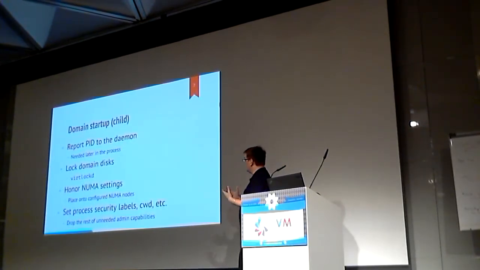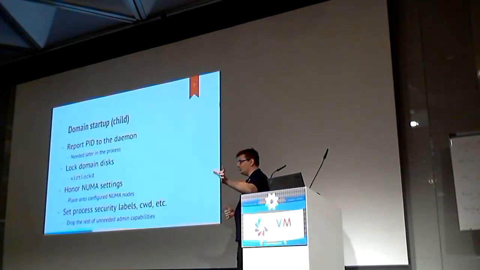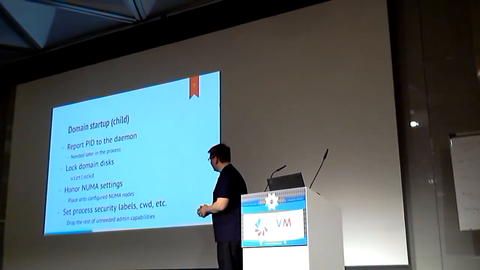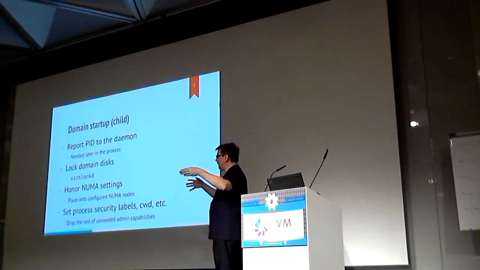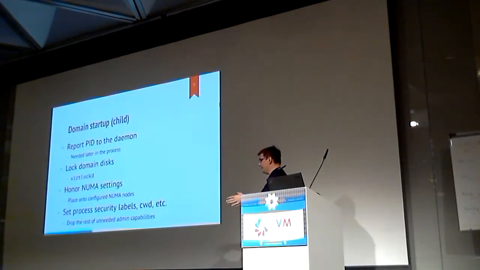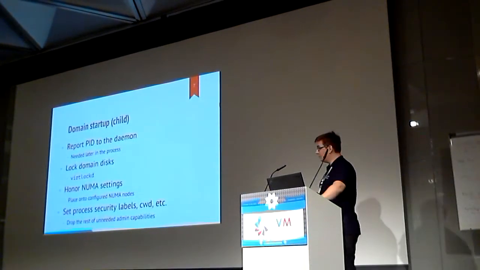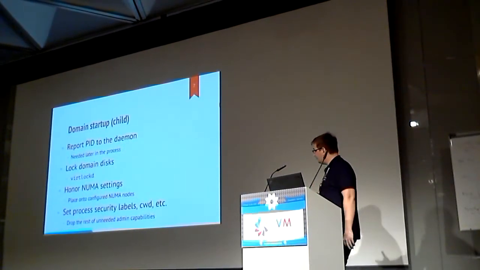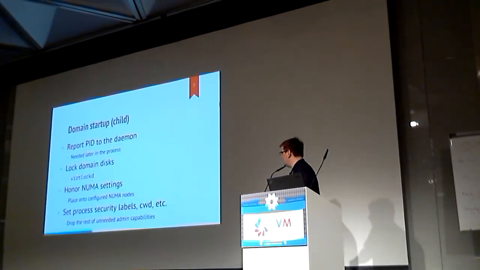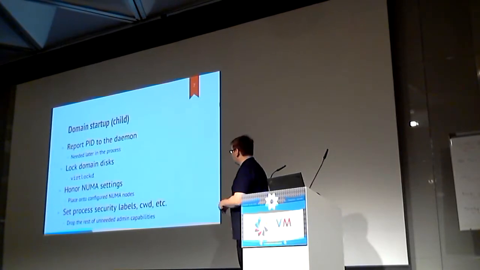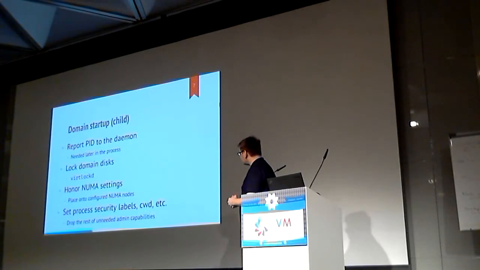Then we try to honor the NUMA settings by calling all the numa_something functions, so that the child will be placed onto the correct NUMA nodes and allocate memory only from the configured nodes. And again, to enhance security, we drop the rest of the capabilities, because until now we were needing the sysadmin capability.